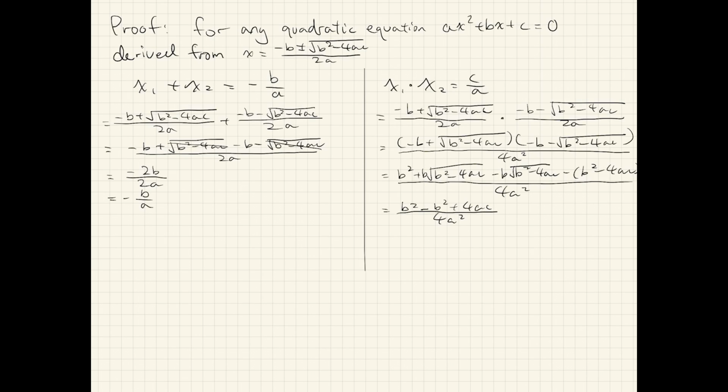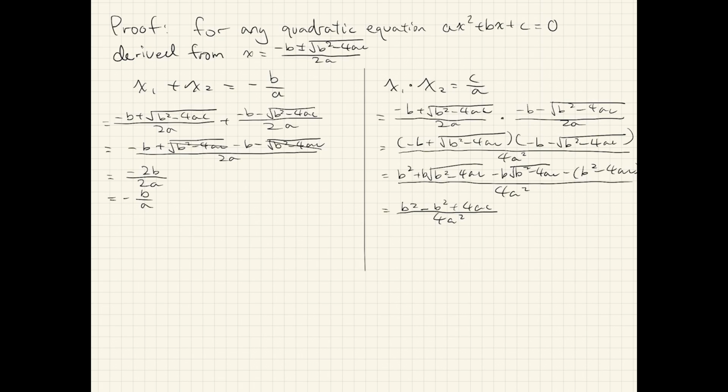So the next step, we can combine the like terms. The b times the square root of b squared minus 4ac and the negative b times the square root of b squared minus 4ac cancel out because one's positive, one's negative. So we have b squared minus b squared plus 4ac, because negative makes plus.